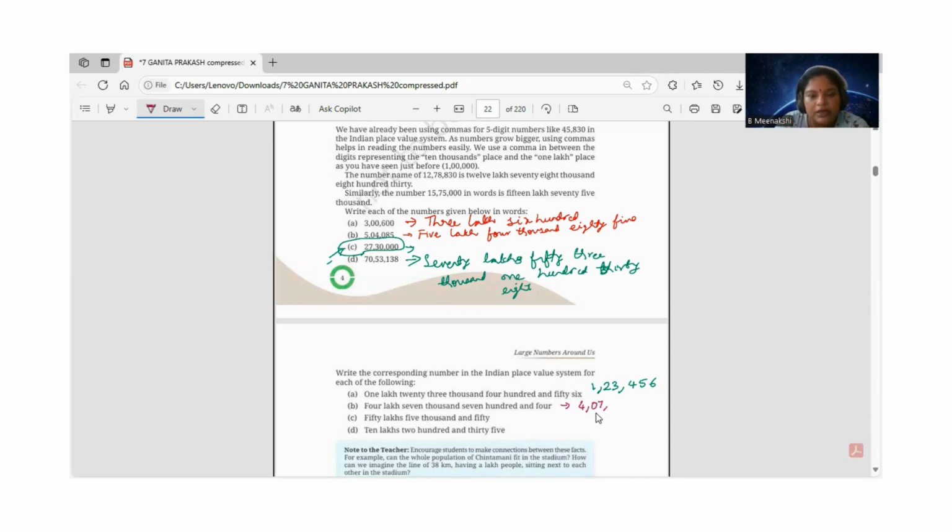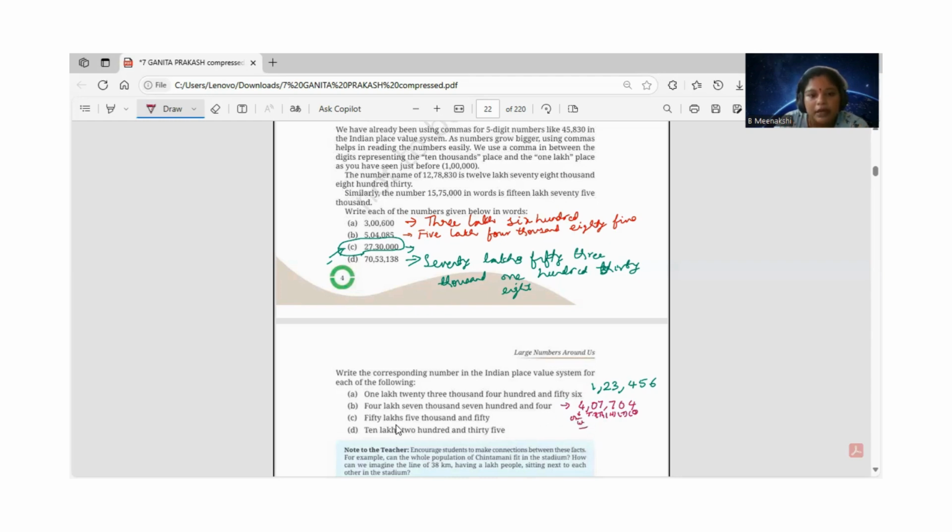Why? Because I'll tell you: 4,07,704. This is the ones place. This is the tens place. The immediate left is the hundreds place. This is the thousands place according to the Indian place value system. This is the 10,000 place and this is 1 lakh.